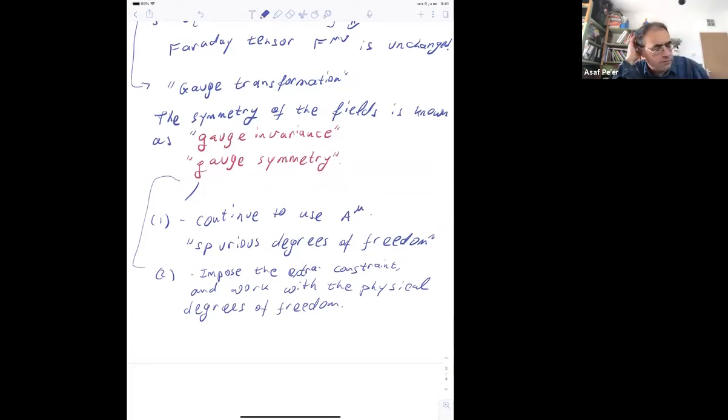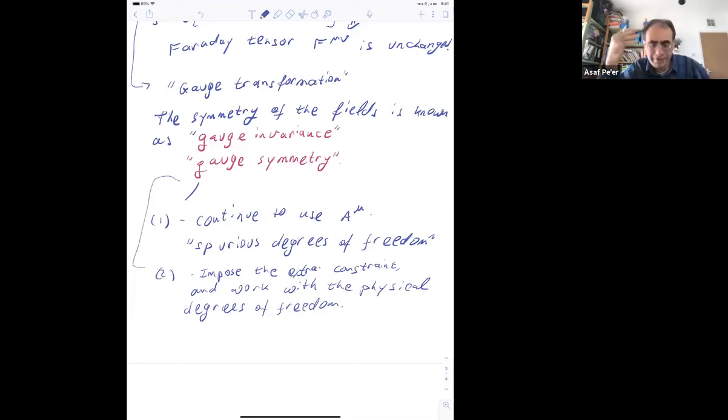So of course, the disadvantage of doing that is that we're losing the Lorentz invariance, right? Once we impose this extra constraint, then the equations we get are no longer Lorentz invariant.